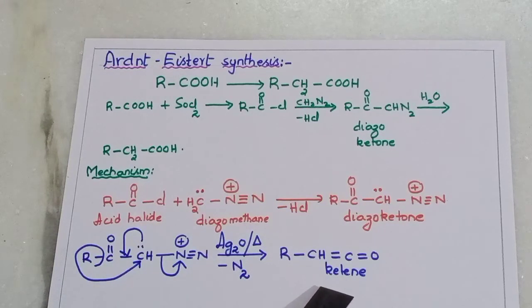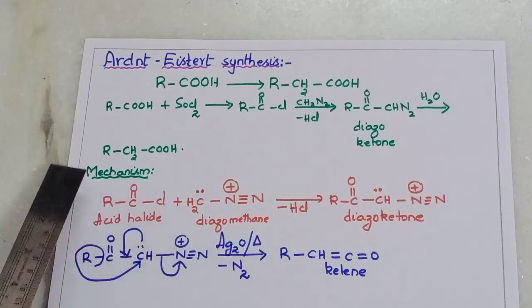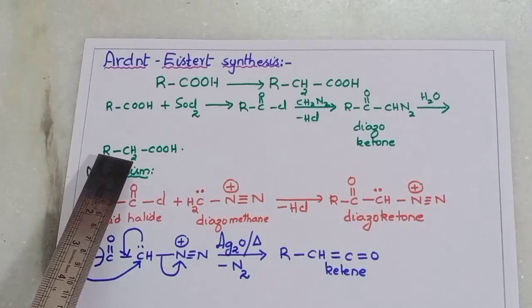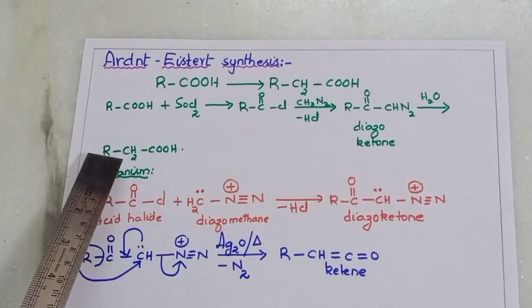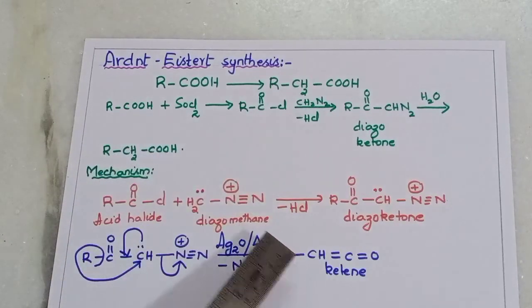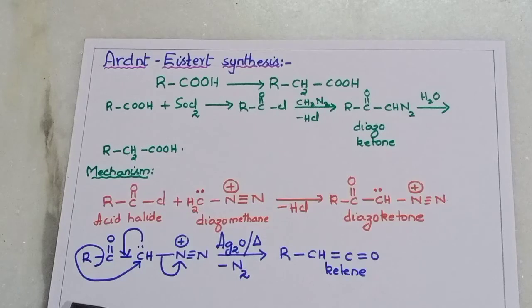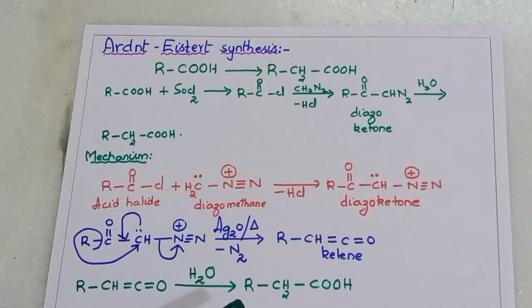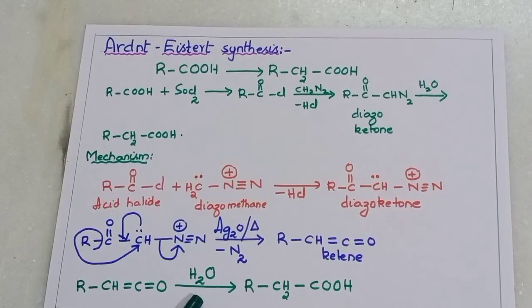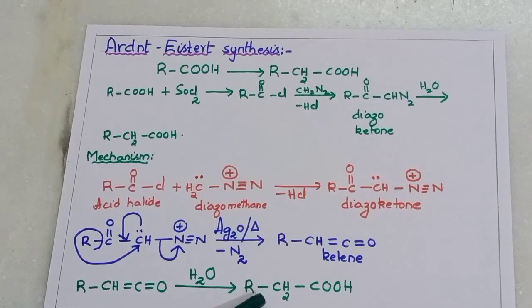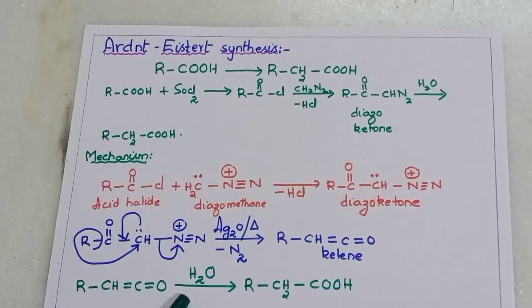The reaction has not ended. What is the final product? We should get the product RCH2COOH. How this ketene is converted into RCH2COOH, I will show you in the third step. Students, the ketene formed, RCH double bond C double bond O, when treated with water, is converted into RCH2COOH. How did this happen? H2O is HOH.